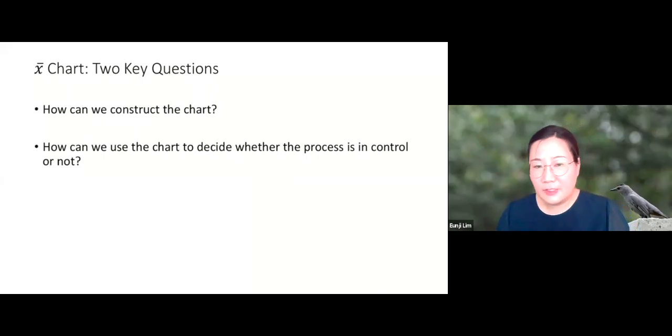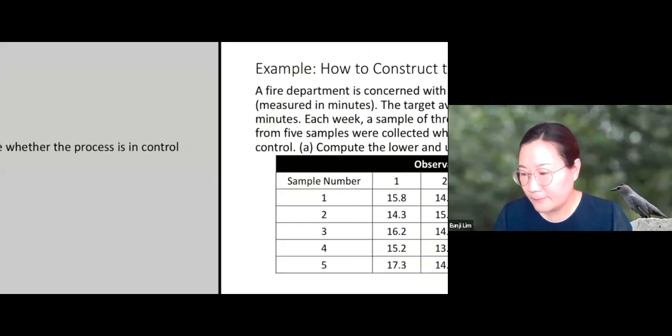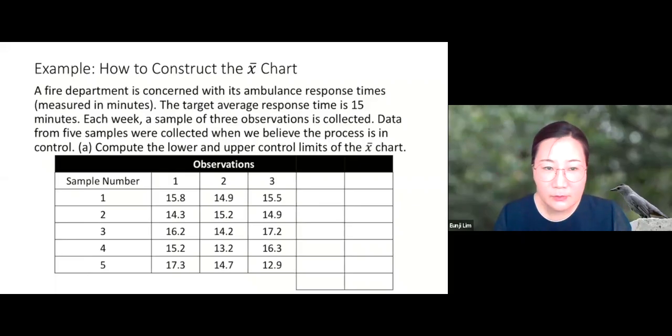Now let's look at the details of the X bar chart. We have 2 main questions. How can we construct the chart, and how can we use the chart to decide whether the process is in control or not? Let's take an example. A fire department is concerned with its ambulance response times measured in minutes.